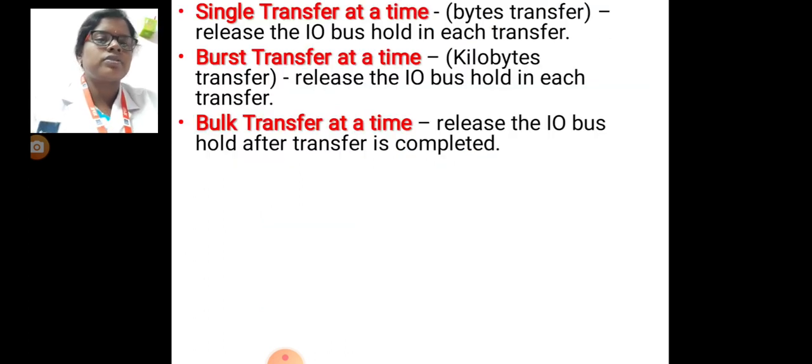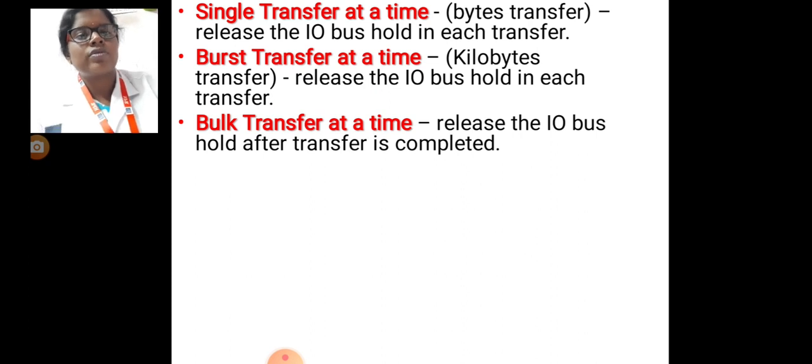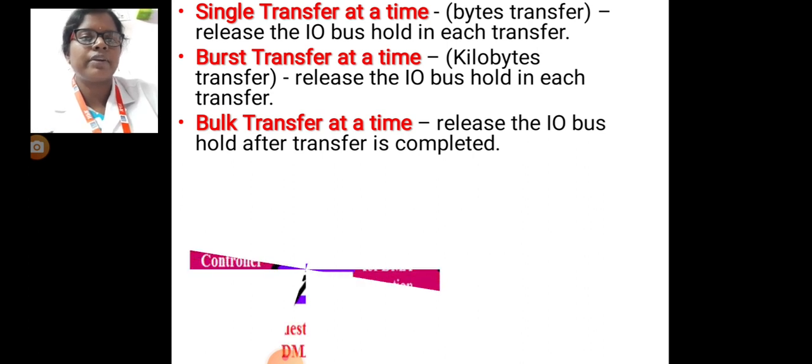And here are the three types, as I already told, of the three modes of operation. First one is single transfer at a time, bus transfer at a time, and bulk transfer at a time. Single transfer means a byte transfer, released to the IO bus hold each time, and bus transfer is a kilobyte transfer, released to the IO bus hold each time, and bulk transfer releases the IO bus hold after the transfer is completed.